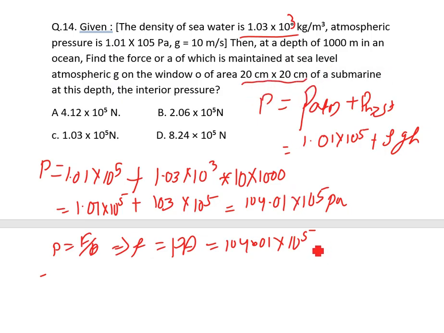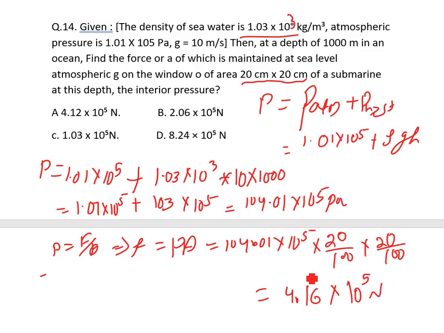I have to apply it in meters, so 20 by 100 into 20 by 100. By calculating, I get 4.16 into 10 to the power 5 Newton, which is nearly equal to option A. So question number 14, option A.